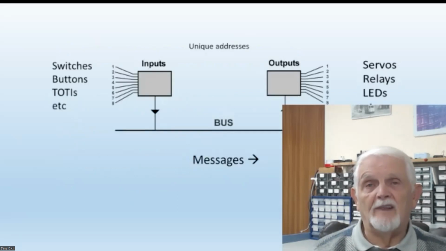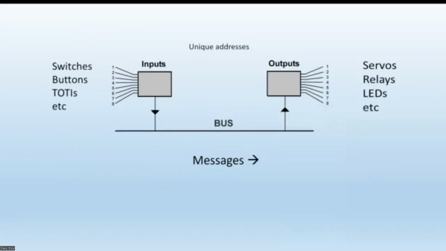So taking it from there, let me just review very quickly. We said that a bus system relies on having a wire that runs around your layout, and along the way you can attach various modules. Some can be inputs, some can be outputs. You can have switches or buttons on the inputs, or anything that changes the state, and in changing those, you're going to change the outputs on the output modules.